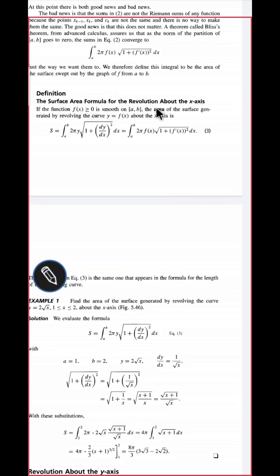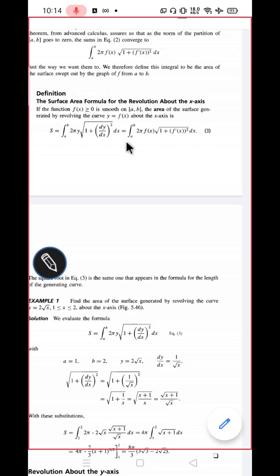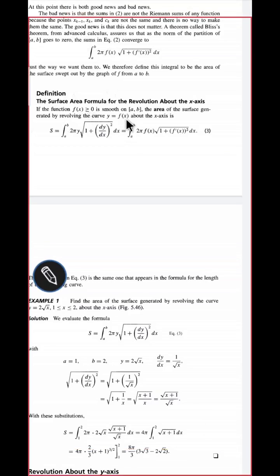The surface area formula for revolution about the x-axis. Here if the function f of x is positive and smooth on AB, the area of surface generated by revolving the curve y equal to f of x about the x-axis is given by S equal to integration from a to b of 2 pi f of x square root of 1 plus f dash of x the whole square.